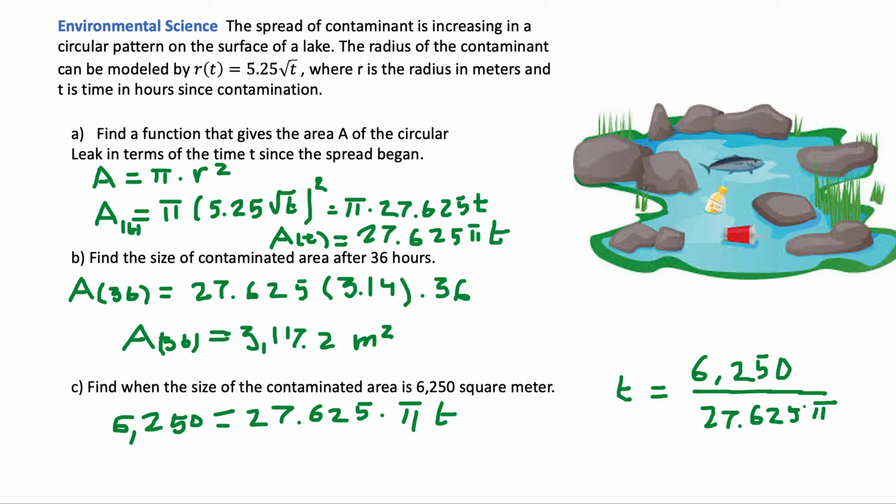We just plug everything in a calculator, multiplying 27.625 by 3.14 if we approximate, and then we can find the time t, which is 72.24 hours. So that's how many hours it's going to take for the contaminant to spread over a surface area of 6,250 meters square.